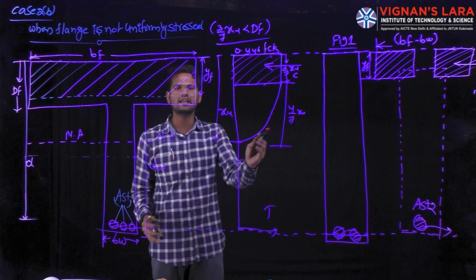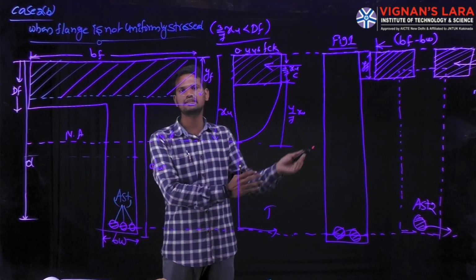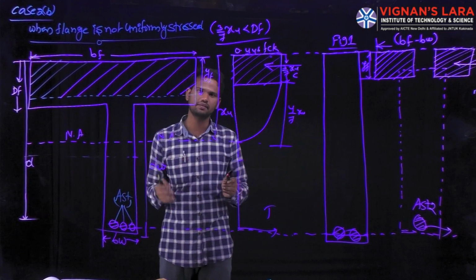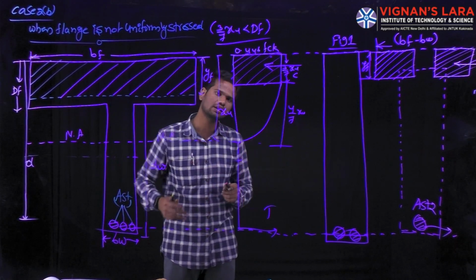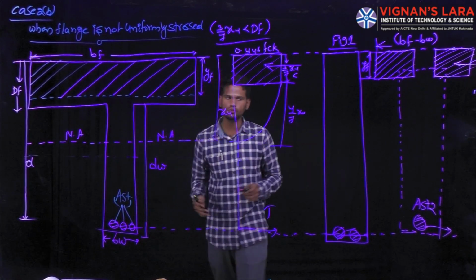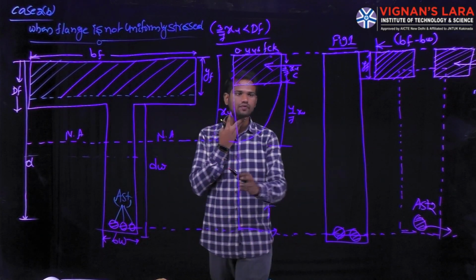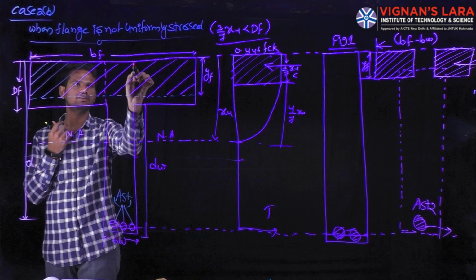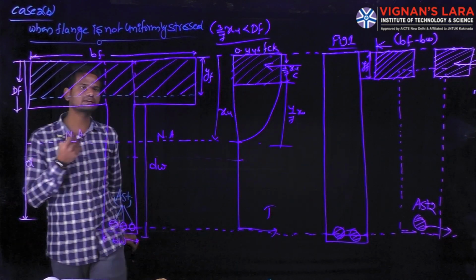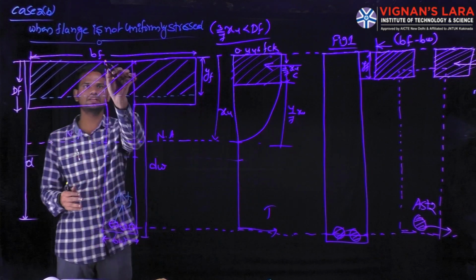For this analysis, again we consider the limiting moment of the beam, and to carry the additional moment we provide additional bars. Again, we consider this the same as the previous condition of our singly reinforced rectangular beam.